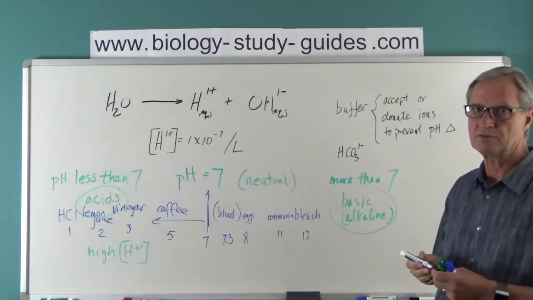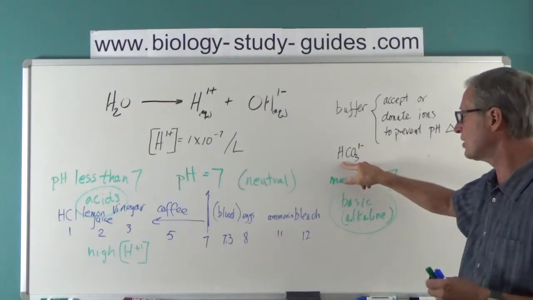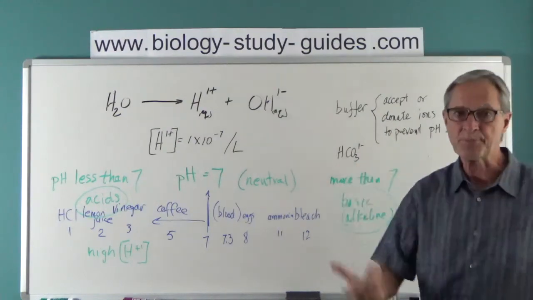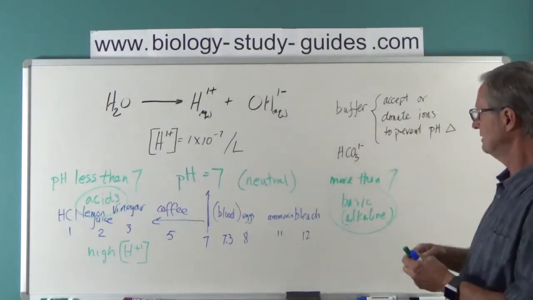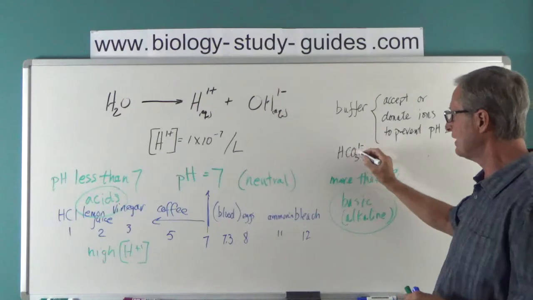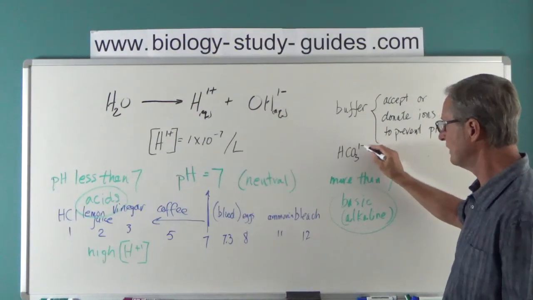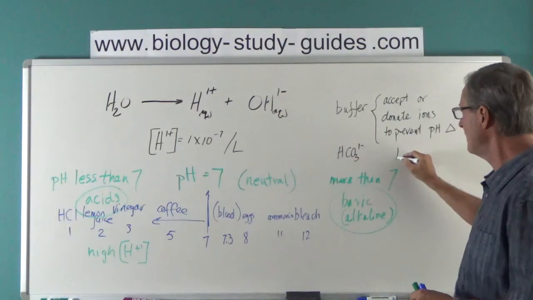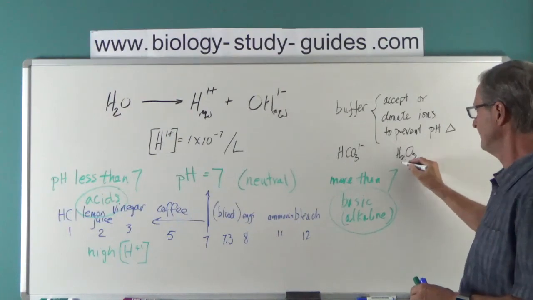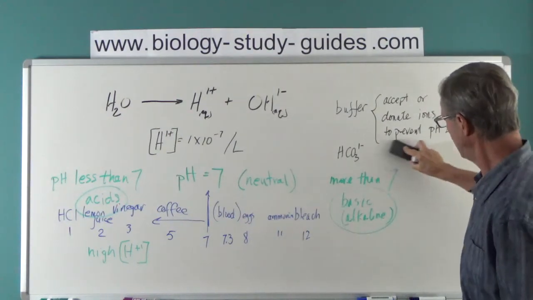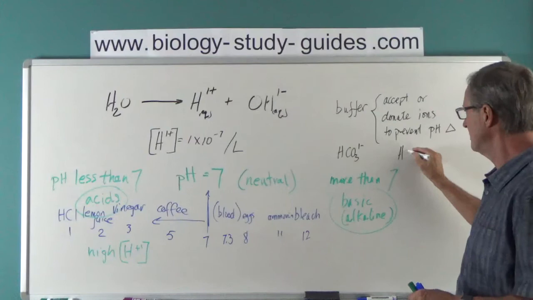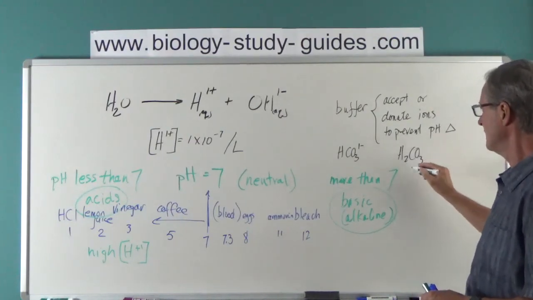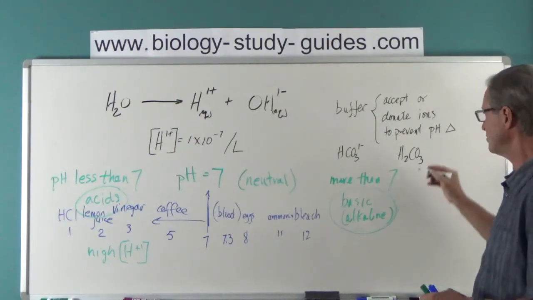Bicarbonate ions. And if this bicarbonate ion was to accept a hydrogen ion, if you added another hydrogen ion onto here, so this -1 would become no charge here, you'd have H2CO3. Oops, that's not CO3. H2CO3. Carbonic acid. And it dissociates.